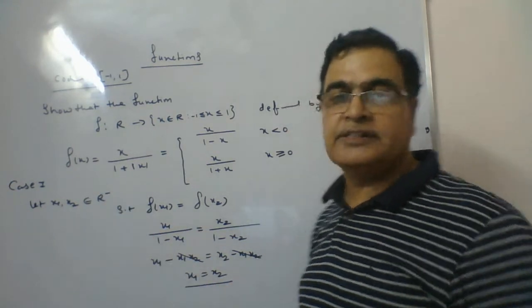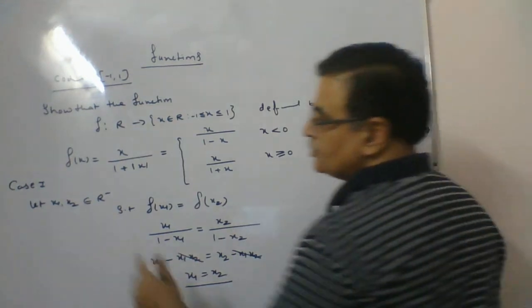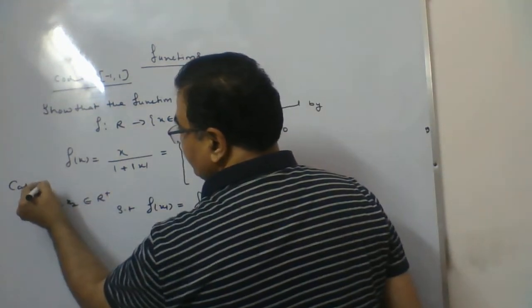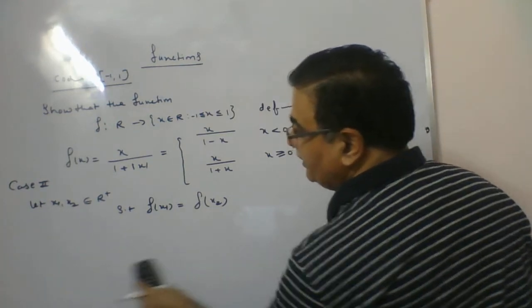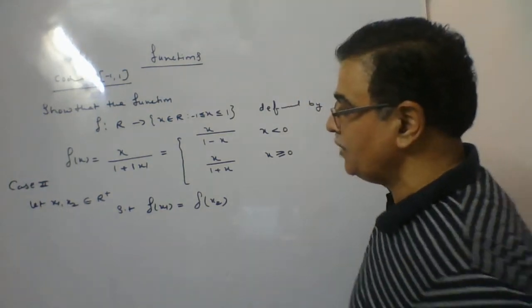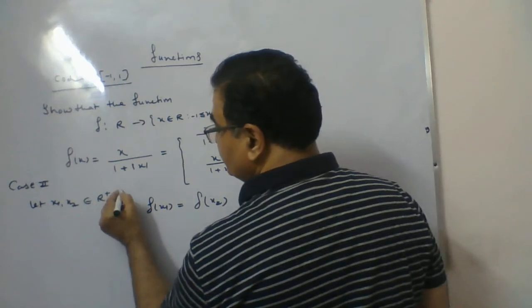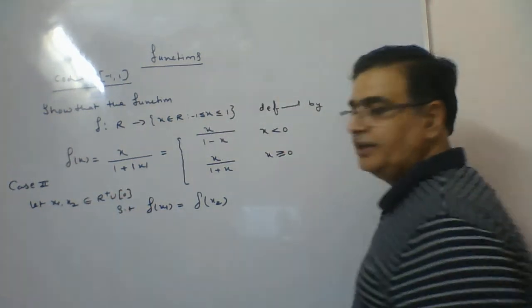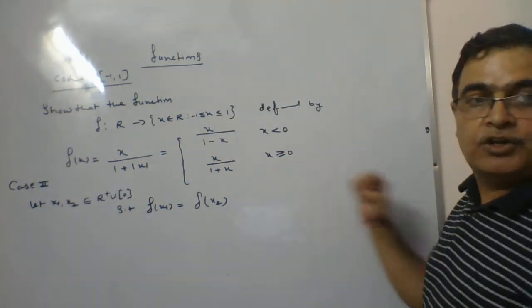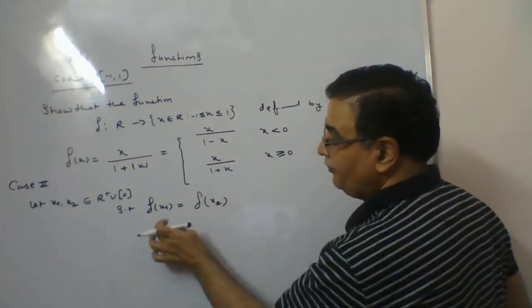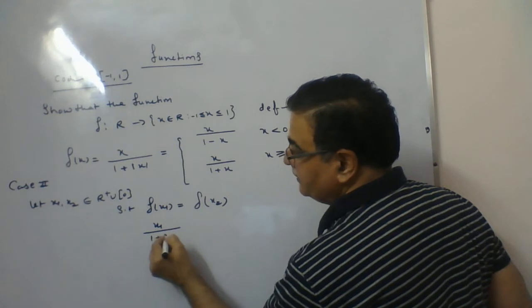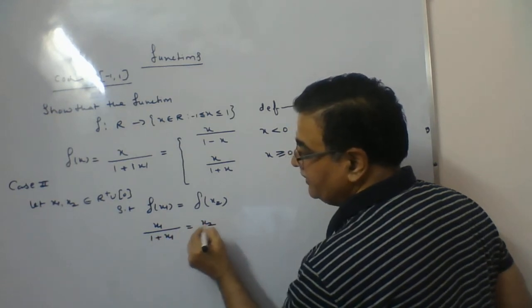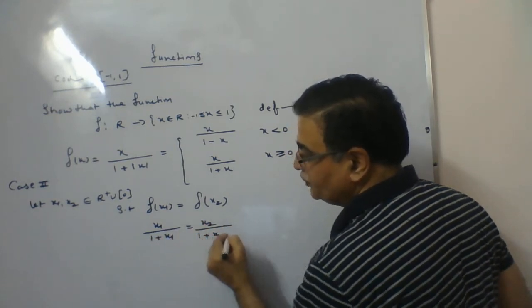Then we'll go for the second case when x1, x2 belong to R positive, case number 2. Again we'll take x1, x2 belong to R positive union 0 also, greater than or equal to 0. Then again f(x1) is equal to f(x2), so I get x1 by 1 plus x1 comes out to be x2 by 1 plus x2.